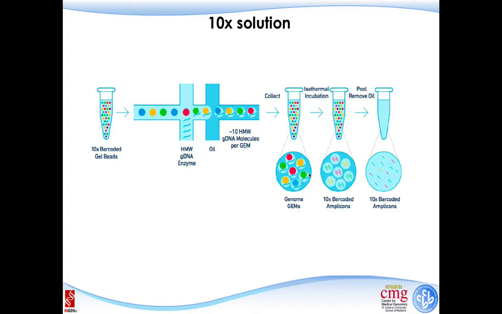Then, by analyzing the barcode information, we will know which short-read sequences are coming from the same long high molecular weight DNA that was initially pushed in. That makes sense?